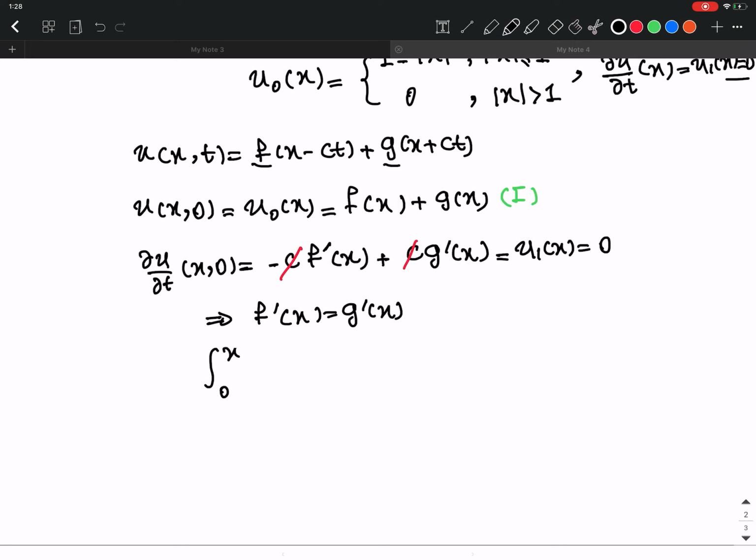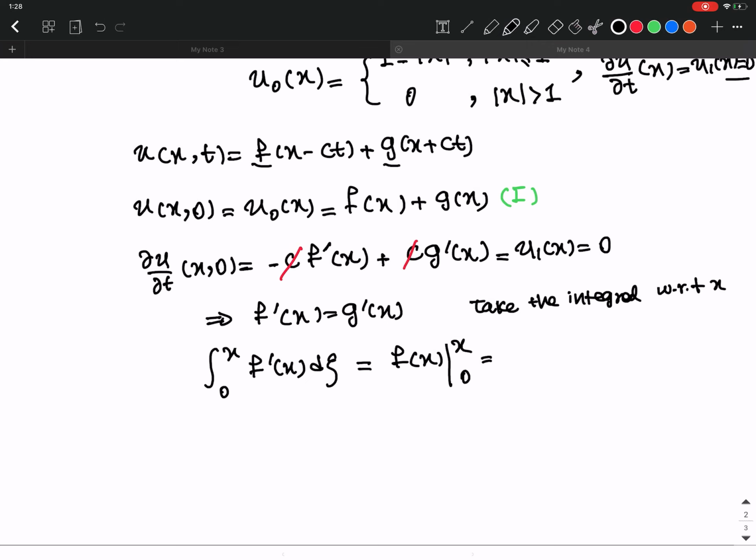So I have the integral from 0 to x of f prime(x), with respect to x, and this is going to be equal to f(x) minus f(0).